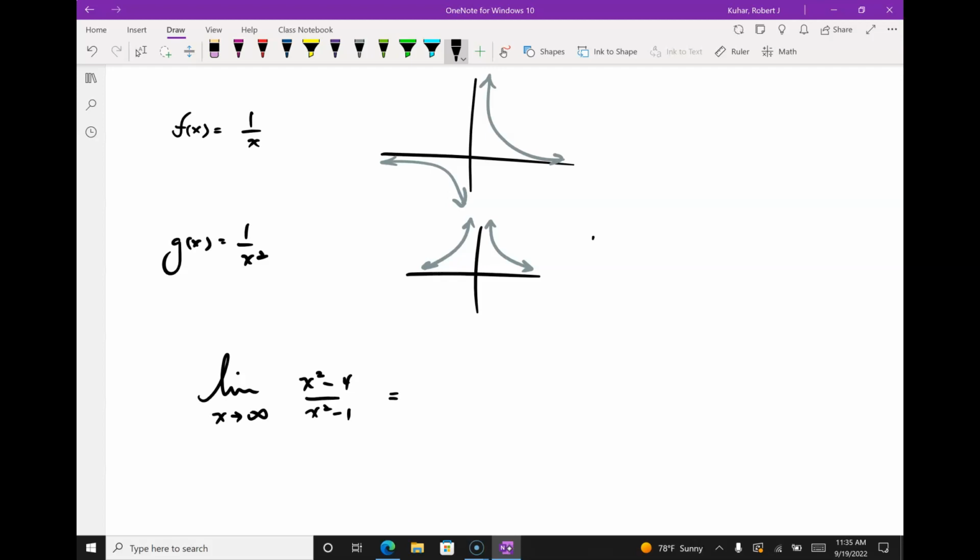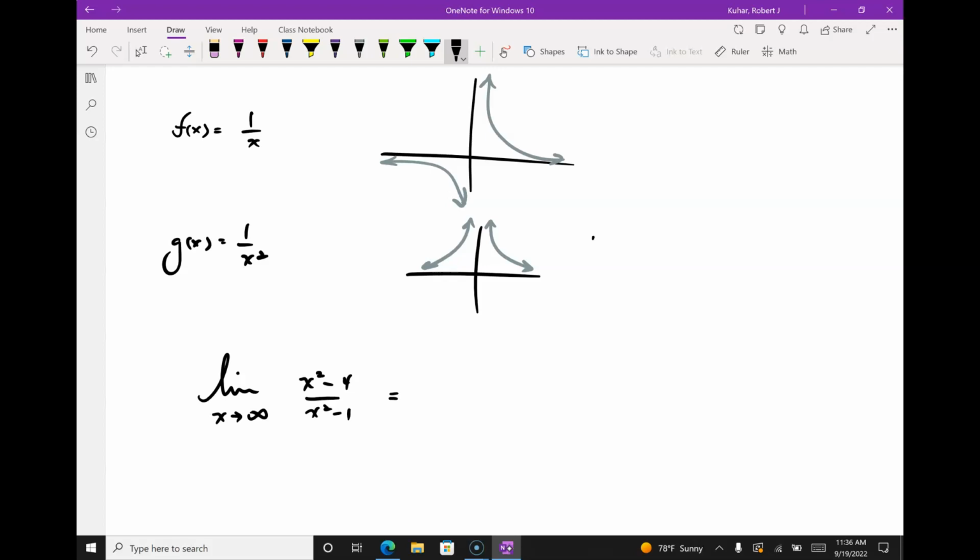We become our parent, right? Just like my father does, my mother. So this one really behaves like x squared in the long run. The downstairs really behaves like x squared. And x squared over x squared is 1. So the horizontal asymptote is 1.